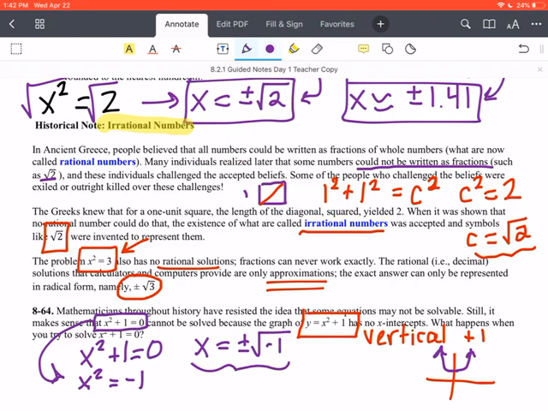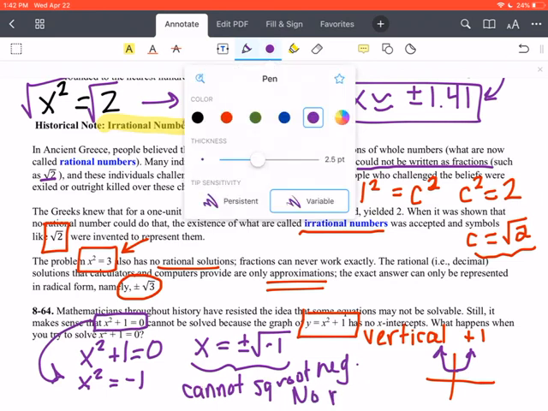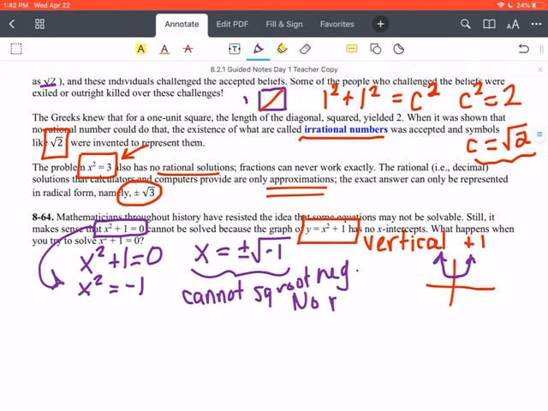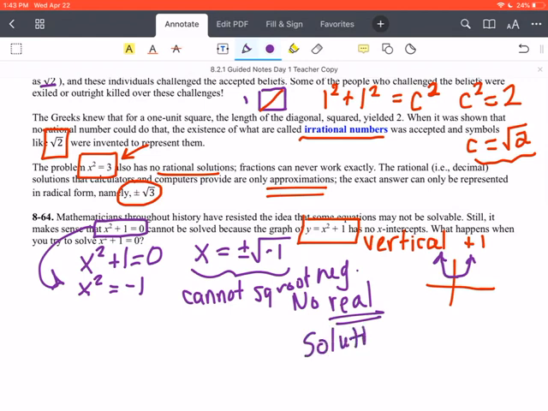We know that we cannot square root negatives. So in this case, we say no real, and that word is going to be key from now on. No real solutions. So now you're probably catching on to where this imaginary is going to come in.